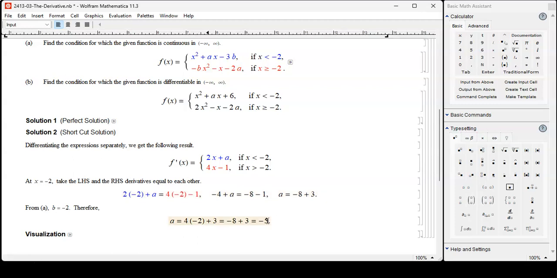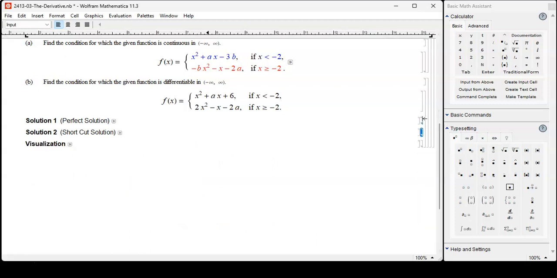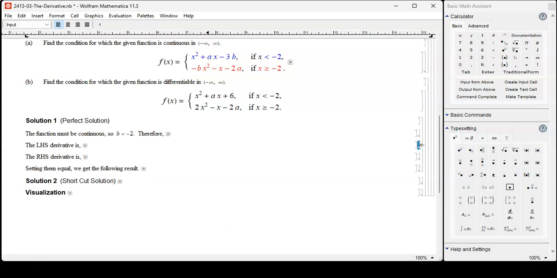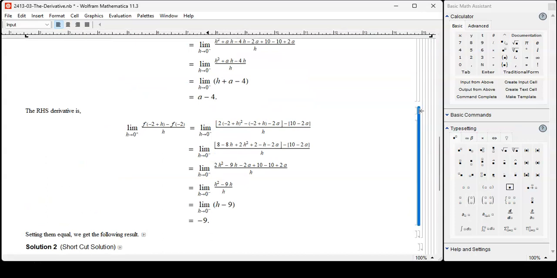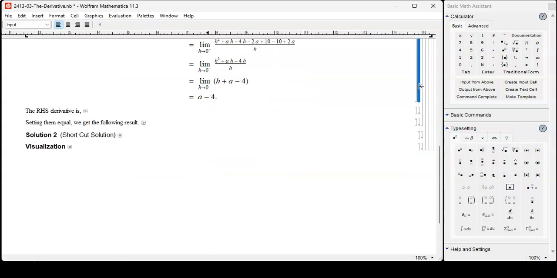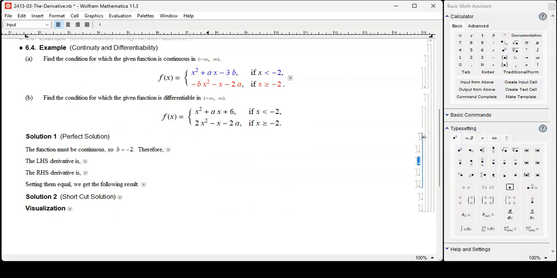So -5. Okay, I plugged in b equals -2 way too late. I could have done it earlier, which I did. Then the problem would have been simpler. In any case, if I do that, I get the a value as well. A is -5. You can do the same thing with the Newton quotient, like this, and then also like that, and then work it out. Good luck. Either way, you're going to get the same value.